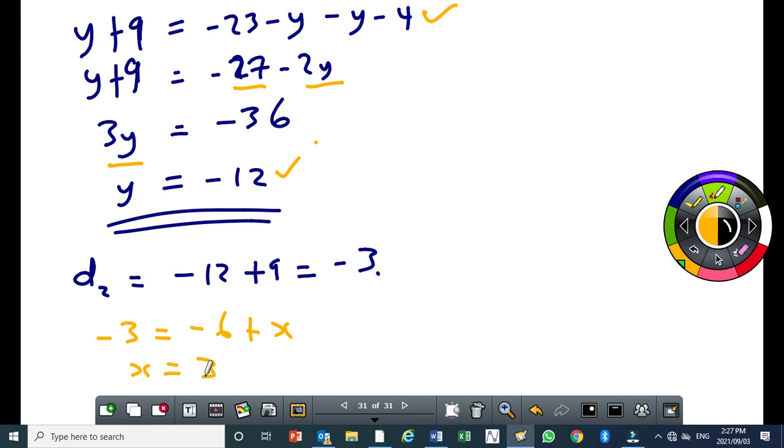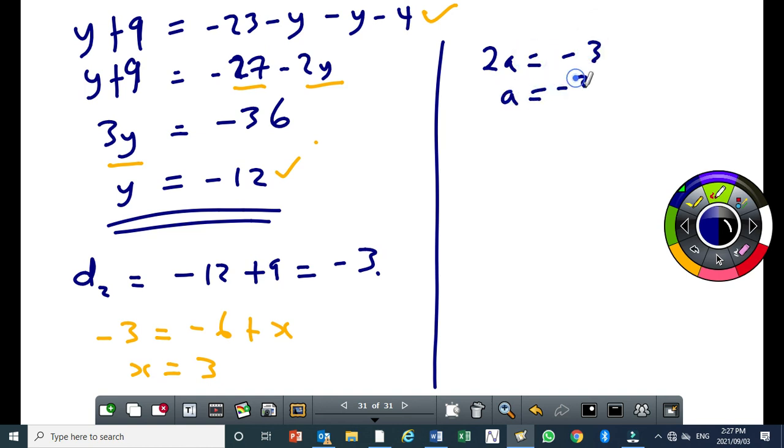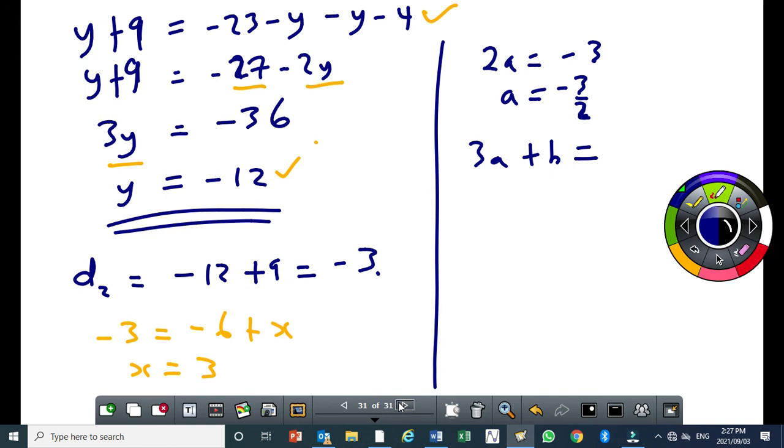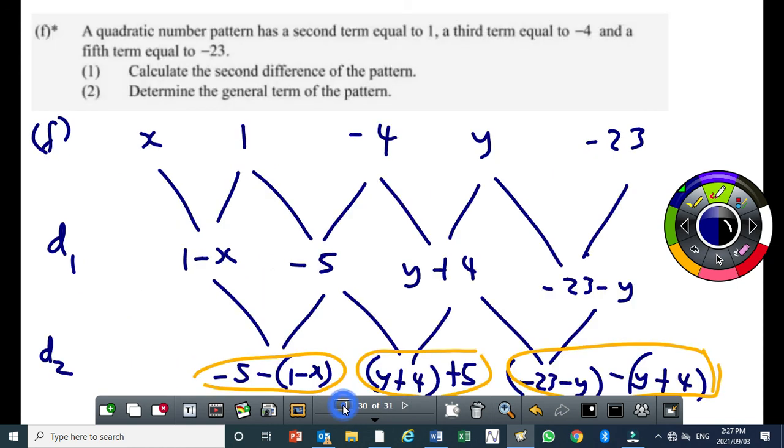So let's carry on. 2a is equal to minus 3, so a is minus 3 over 2. 3a plus b is equal to 3a plus b. Put x here equal to 3.